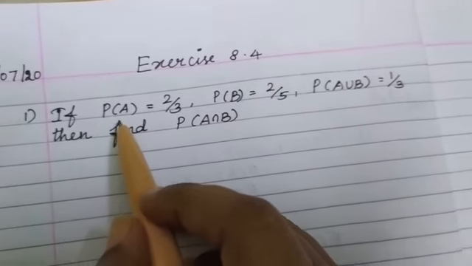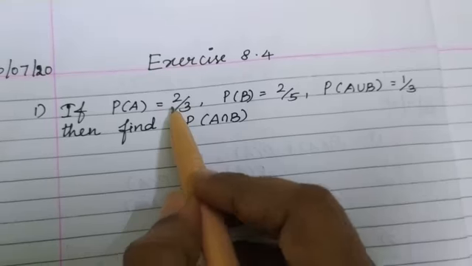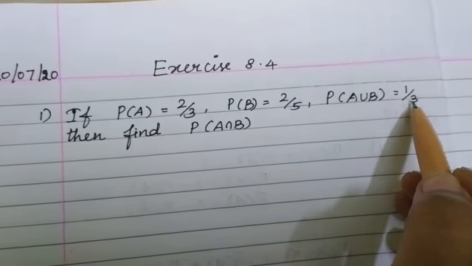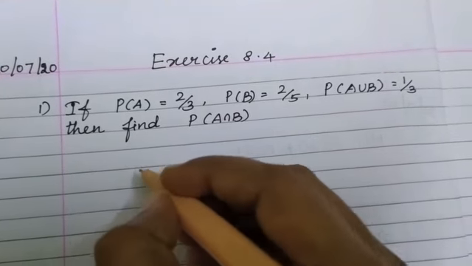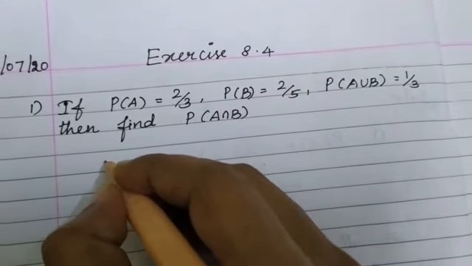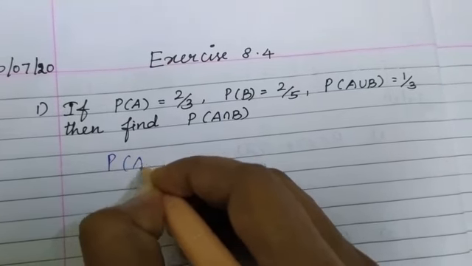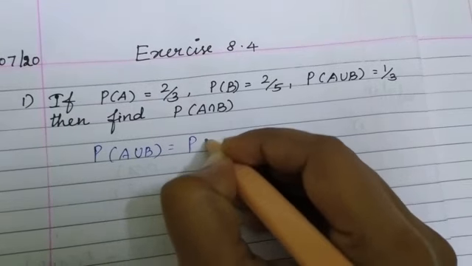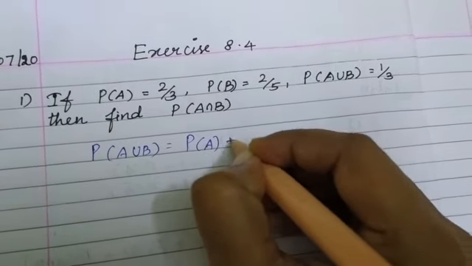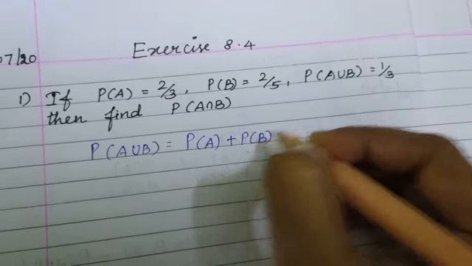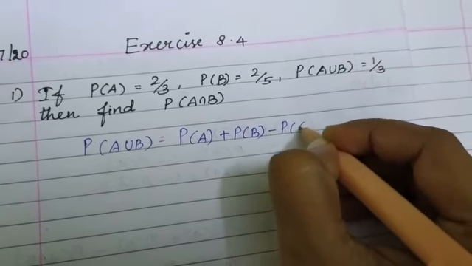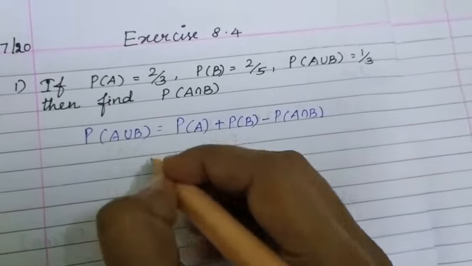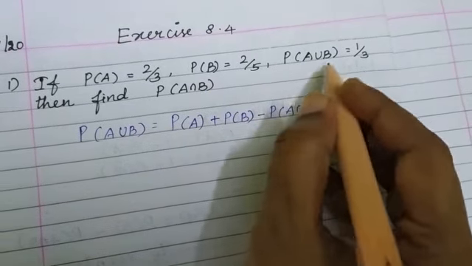Given P of A is 2 by 3, P of B is 2 by 5, P of A union B is 1 by 3, find P of A intersection B. We know the formula P of A union B is equal to P of A plus P of B minus P of A intersection B. P of A union B is already given in the question.